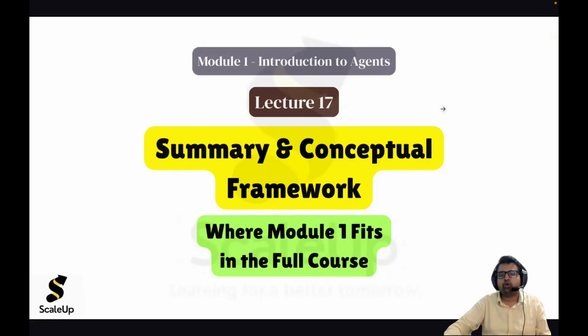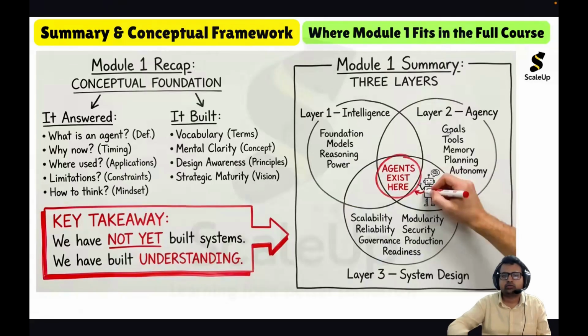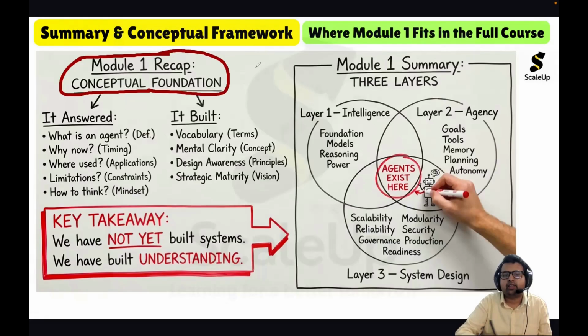Where module 1 fits in the course. Module 1 was an introductory module. It was the foundation of agent thinking. It answered some very important questions: what is an agent, why now, the definition of agent, the timing, where to use, the applications of agent. We also saw the limitations of agent, like managing expectations, constraints, and how to think, the mindset.